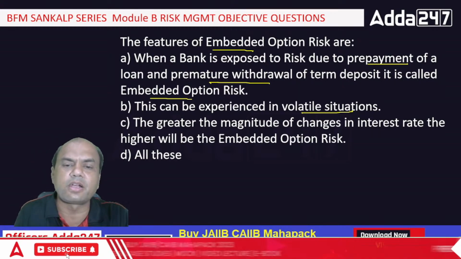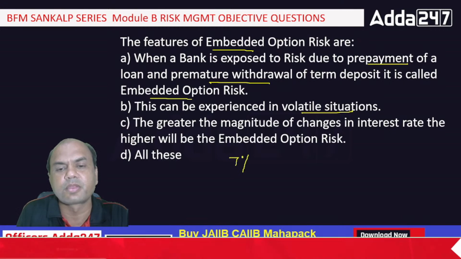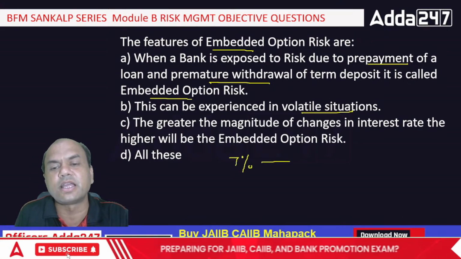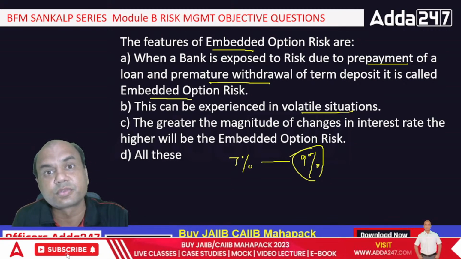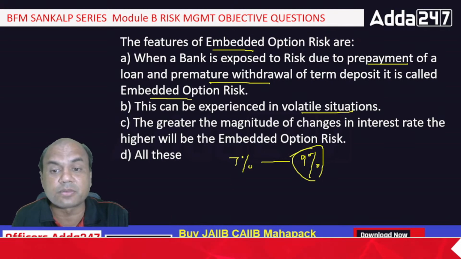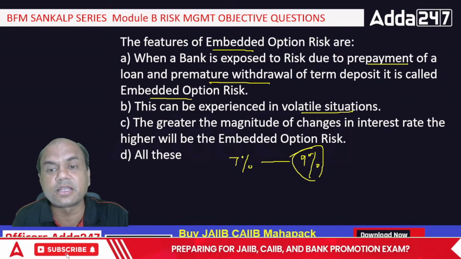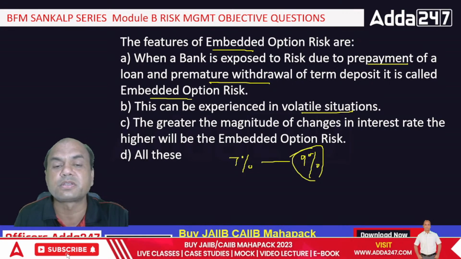If today my rate of interest for loans is, let's say, 7%, next month it becomes, let's say, 9%. Immediately what will happen? Good customers, standard accounts, they'll face the crunch of 2%. They'll immediately come and close this loan. So that is known as embedded option.